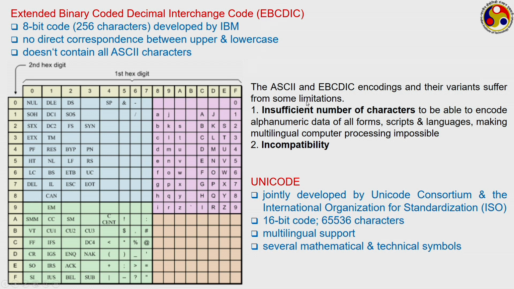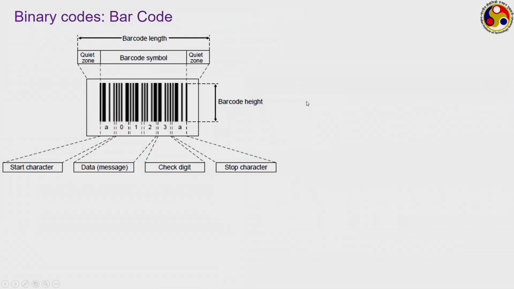There is another kind of code I would like to mention very briefly, that is the barcode. I am mentioning this because I know all of you are very much aware of this. A barcode is a combination of several black and white lines side by side. In all barcodes you have a particular kind of pattern.